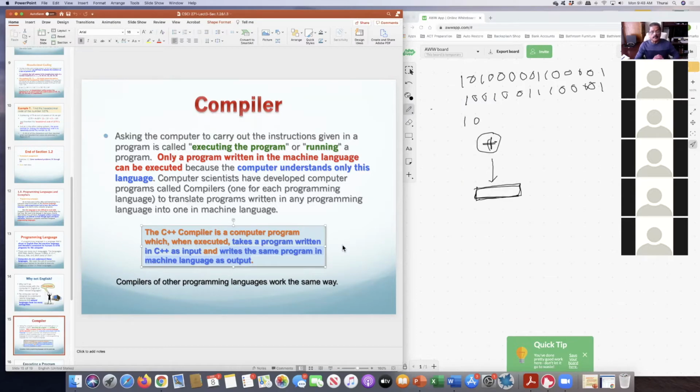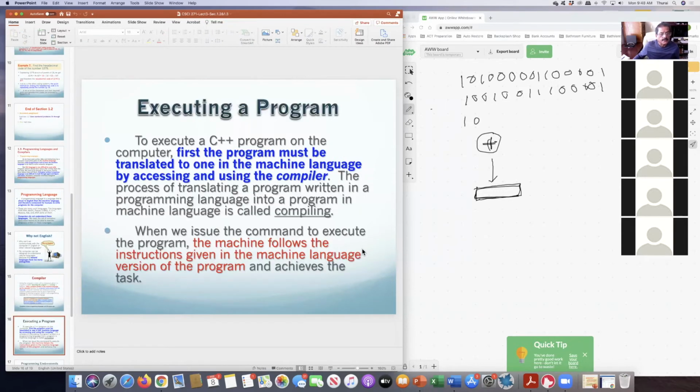So every time you write a computer program, you need to write it in one of the high-level languages. In our case, it will be C++. And then we have to access the C++ compiler to translate that to machine language. After that, we'll be able to execute it. So when you actually write a program and run it, you have to go through this process.